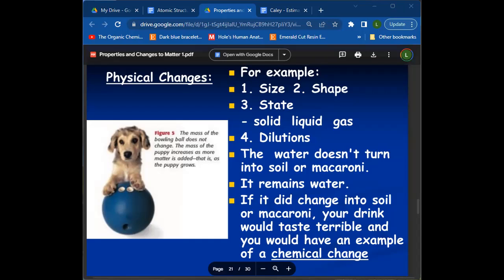And then the change in state, going from solid to liquid to gas. That would be examples of physical changes.